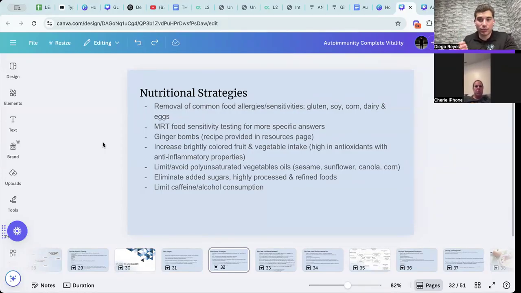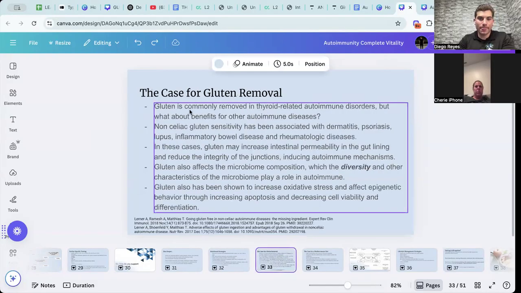Added sugar can be pro-inflammatory to your cells, which then causes inflammation that then causes immune system upregulation. Okay, that's all paired together. Highly processed and refined foods. And then obviously excess alcohol usage can be damaging to your liver, can raise those ALT and AST enzymes, and could cause issues down the road, especially if you're predisposed to autoimmunity as well.